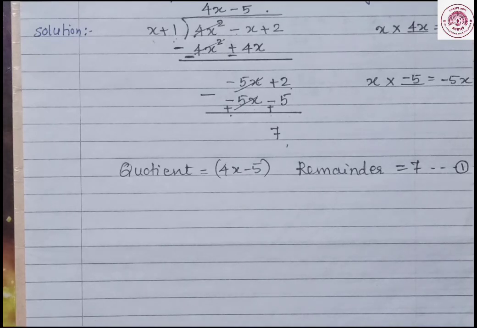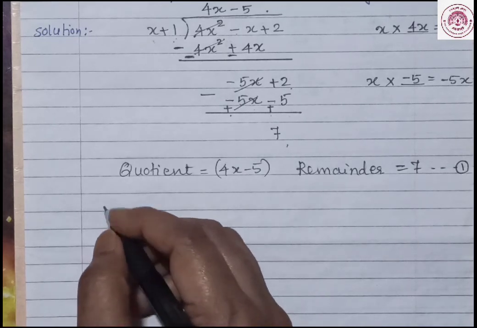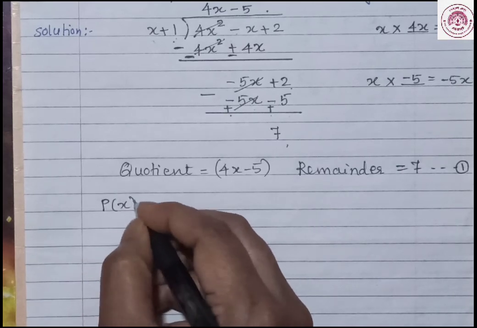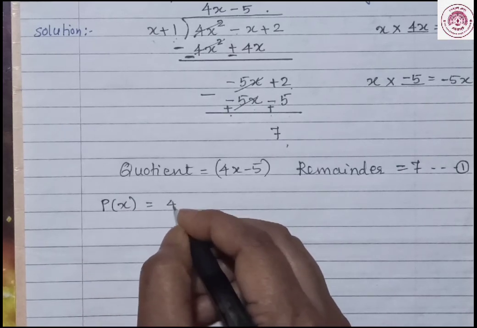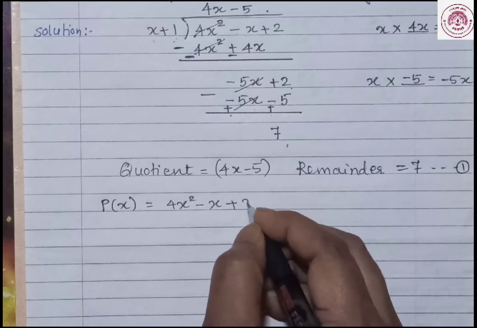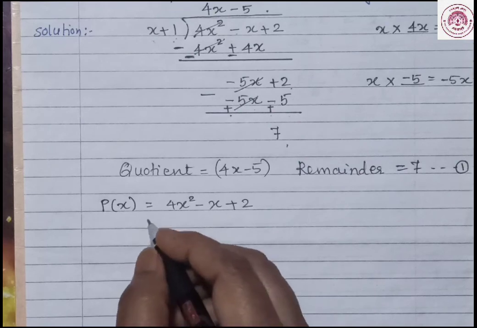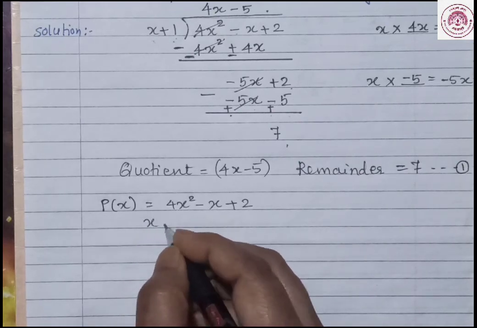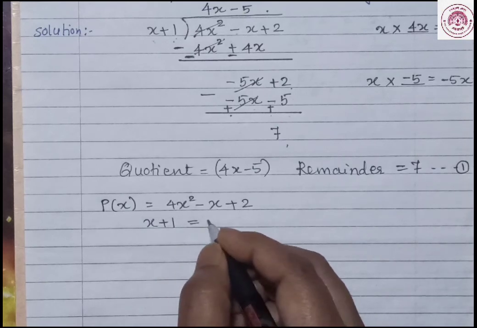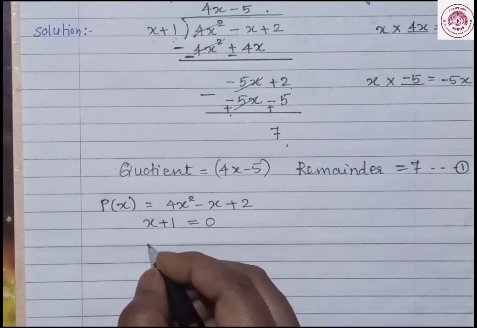Now we will find the value of polynomial p of x. Here we have p of x equals 4x square minus x plus 2. We have the divisor as x plus 1, so we will take x plus 1 equals 0 to find the value of x.